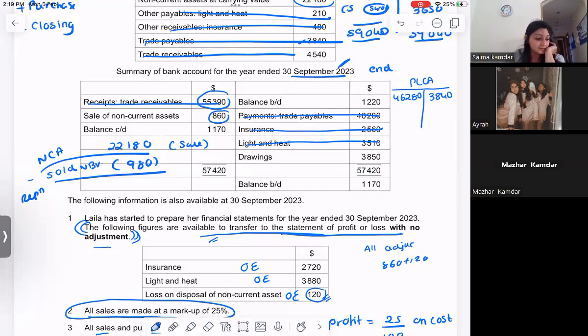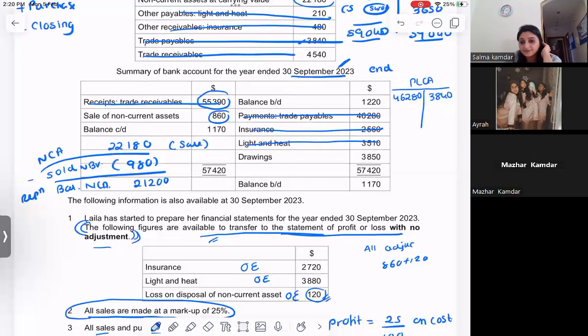So non-current asset was 22,180 minus 980, so 21,200 is the balance of net non-current assets that we have.